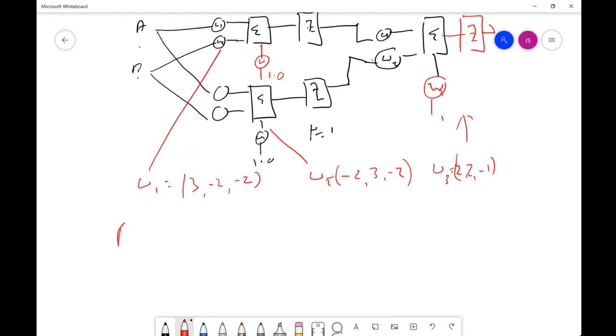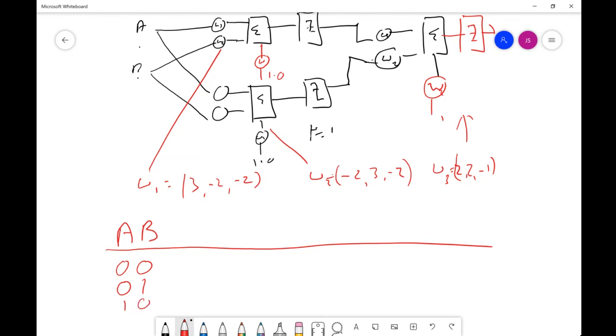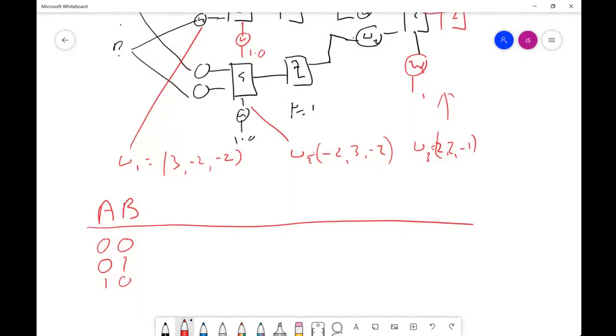Okay, so the table, A, B, we are going to have 0, 0, 0, 1, 1, 0, and 1, 1. The bias for all the inputs, certainly on the first layer, is going to be 1. So add the bias, and that is going to be 1 for all of them. That is the fixed bias going in there.